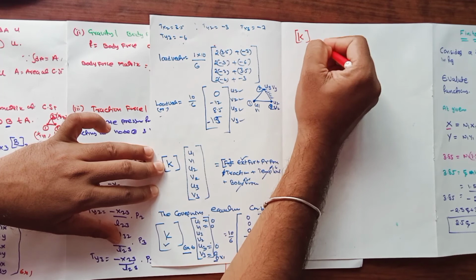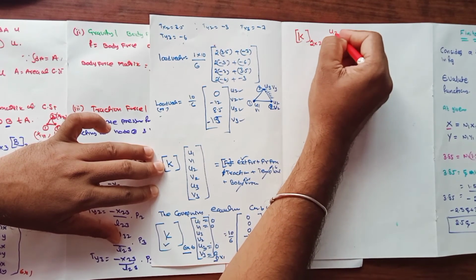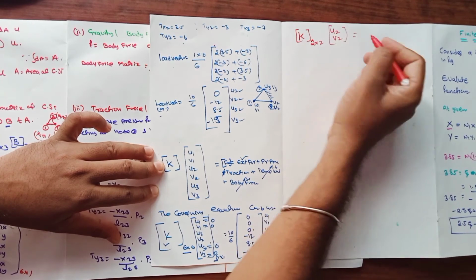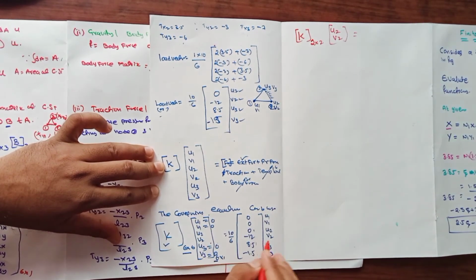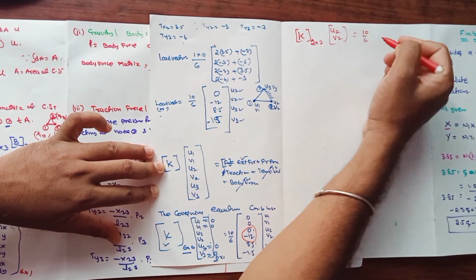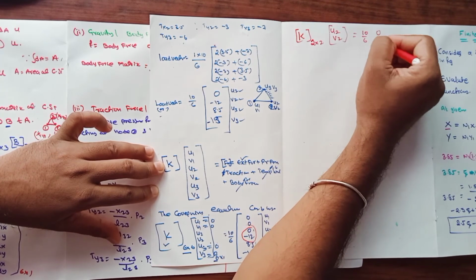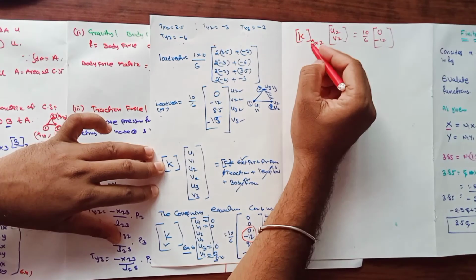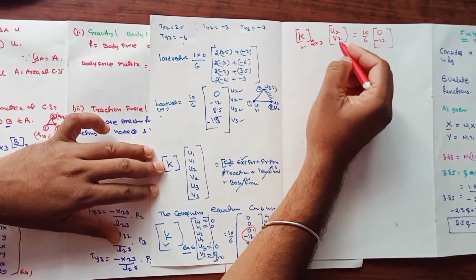So the displacement vector remains u2 v2, and the force vector has only the u2 v2 force terms, which must equal 10 by 6 times 0 minus 12. This would be the governing equation. In it the 2 by 2 matrix is known and the only unknown is u2 v2.